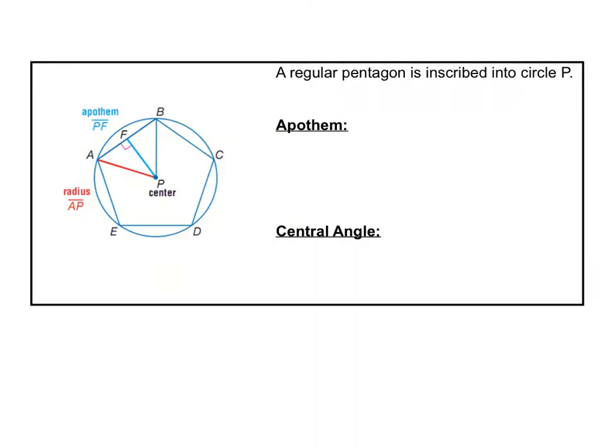So whenever you're talking about regular shapes, a couple things come up. One's called the apothem and the other is called the central angle. So the apothem in this case would be FP, that segment. Notice how it goes from the center and it goes out to the middle of the side. Okay, so it's not going all the way to the edge.